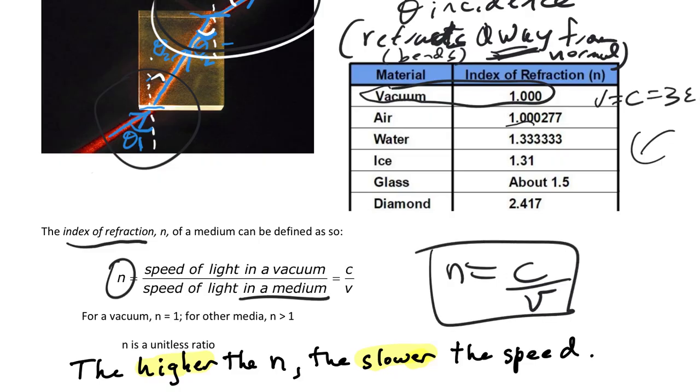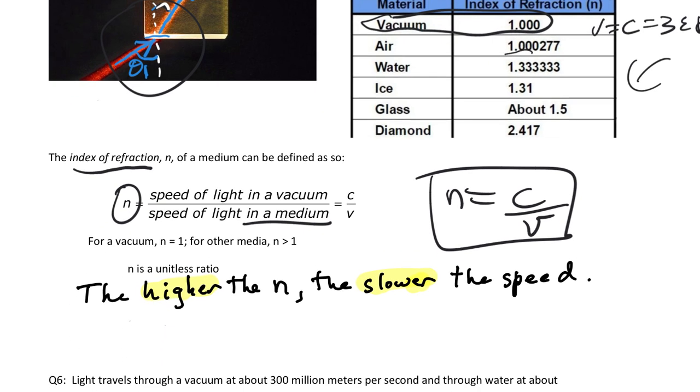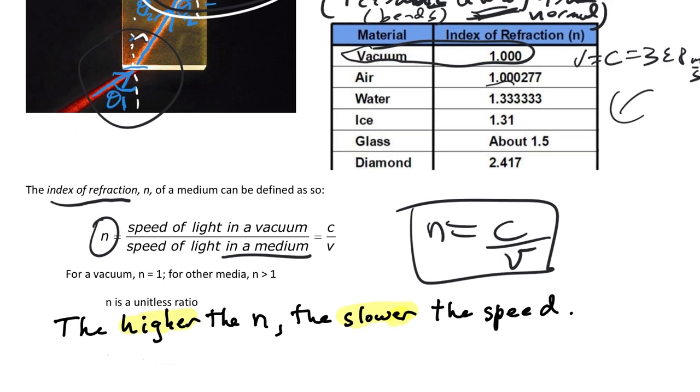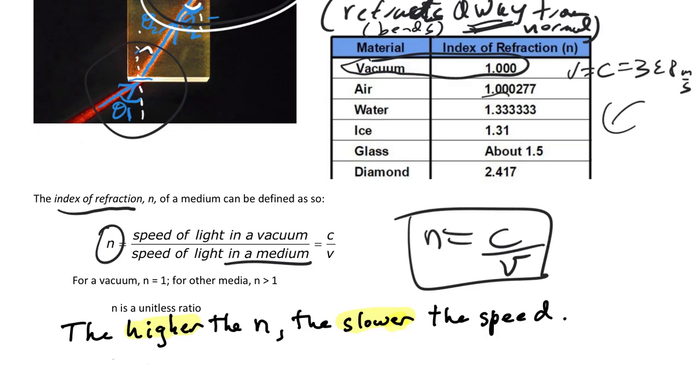That equation will be on your equation sheet. So if you're in a vacuum, the speed of light v is the same as c, so v would equal c, and c over c would be 1. That's where we're getting this number up here at the top of the table. So the higher the index of refraction of a material, n and v are what proportional?